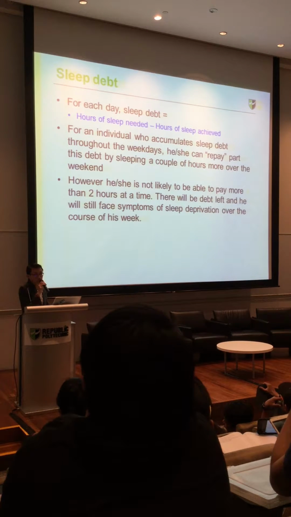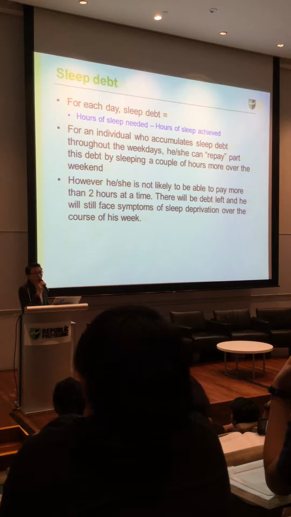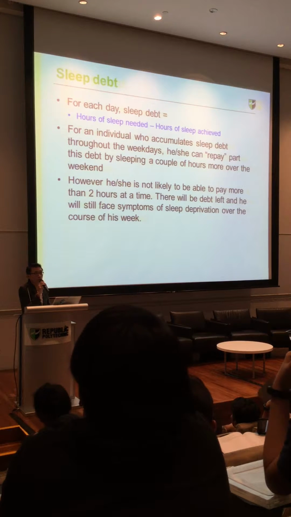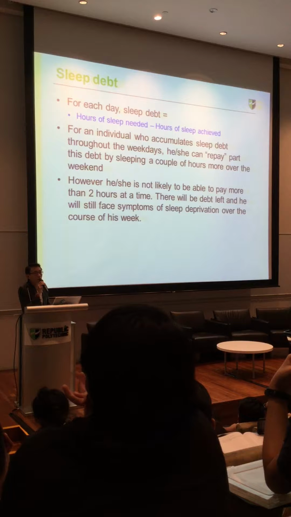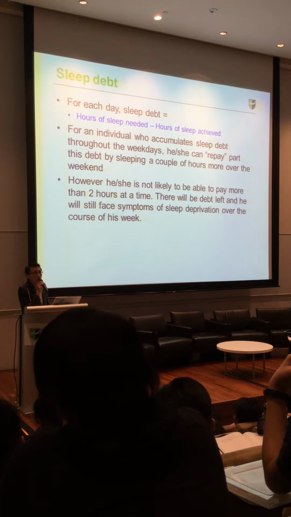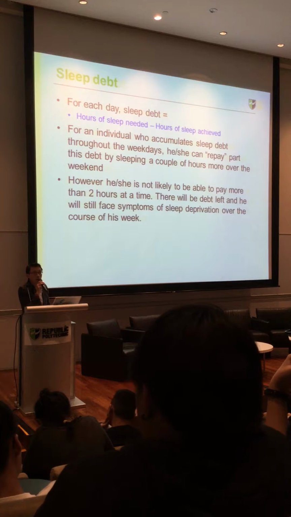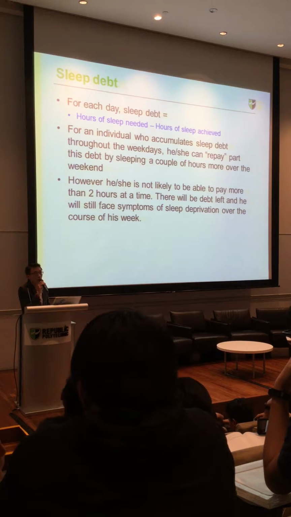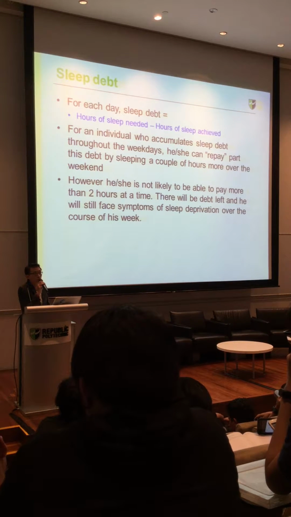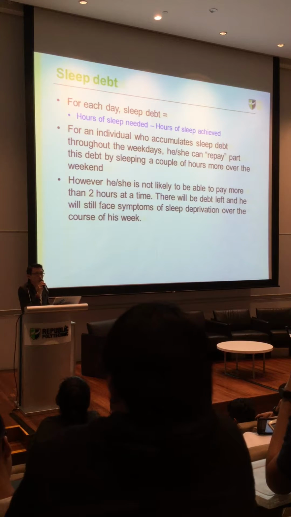Okay, sleep debt itself. Normally, as a teenager, how many hours of sleep do we need? About 8-ish. Okay, let's say for example 8. If you happen to be on your games last night, and you got too engrossed, in the end you only manage 3 hours of sleep, and then you come to school.